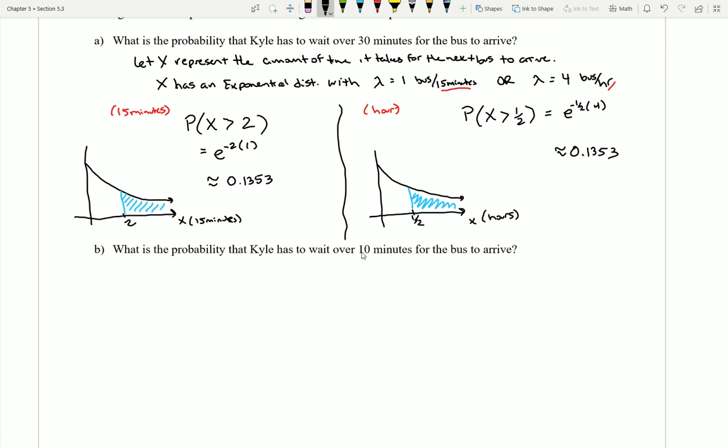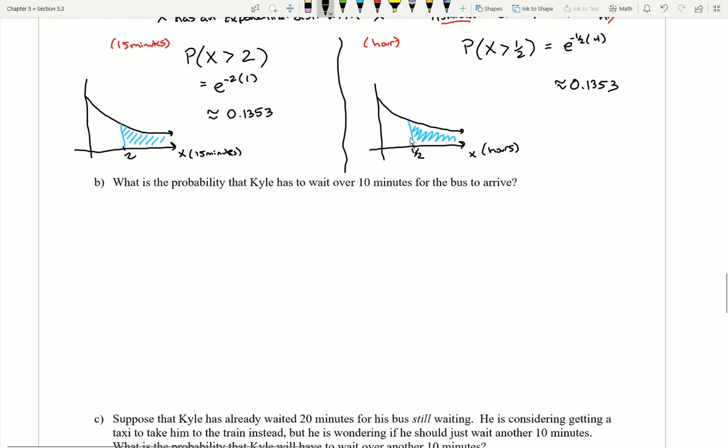But if I ask, hey, 10 minutes is how much of an hour? That's not too bad. We might be able to more intuitively think about that and go, oh, it's just 1/6 of an hour. So notice I can divide my page and try this again. Over on this side, in the hours direction, things become pretty easy. So if x is being measured in hours, I can say that 10 minutes is just 1/6 of an hour.